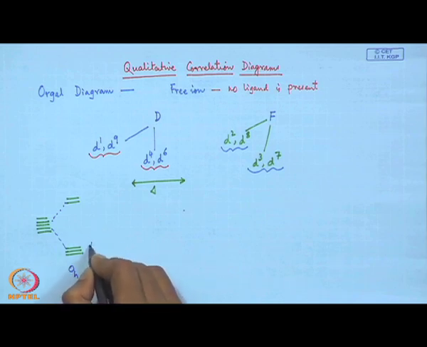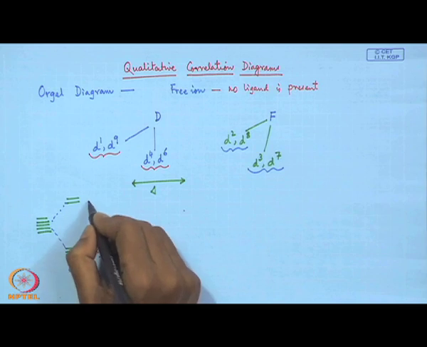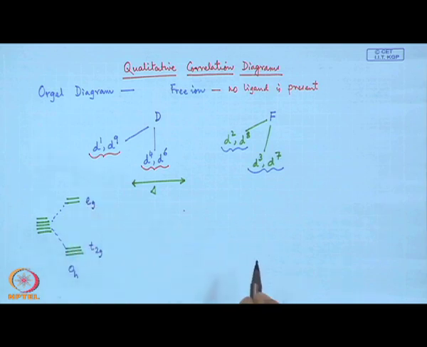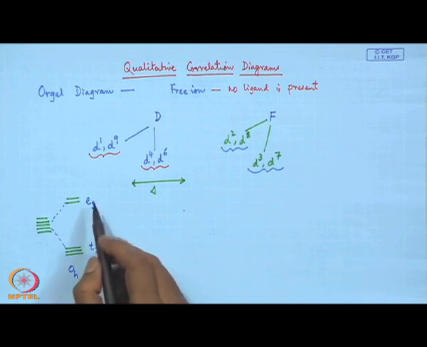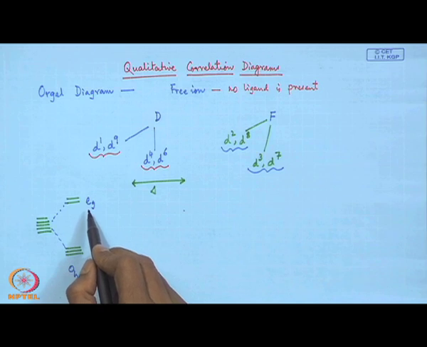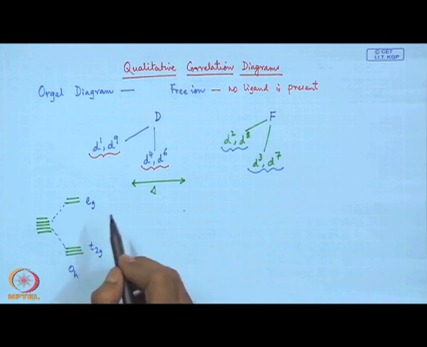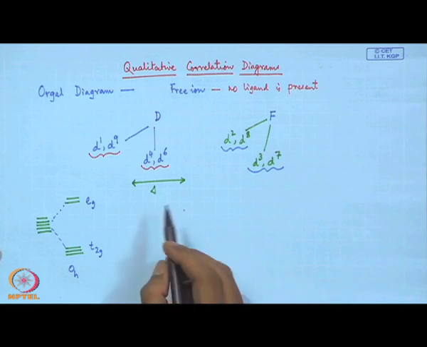This is the T2G set and this is the EG set, because of the relative orientation of the different orbitals belonging to the T2G set and the orbitals belonging to the EG set, which face the ligand field differently.